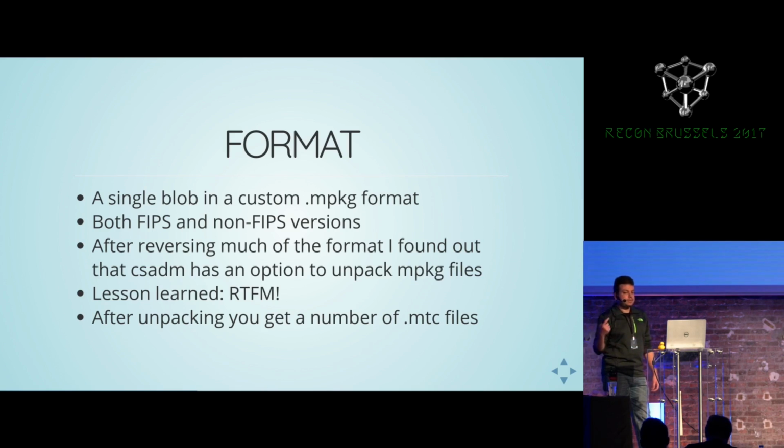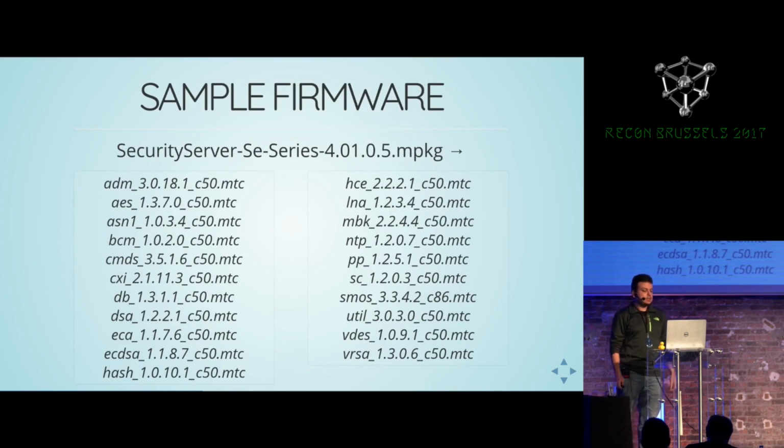So first lesson learned: always read the funny manual. And after unpacking this MPKG, you get a number of MTC files. These are, for example, the MTC files from the latest firmware for the SE series.